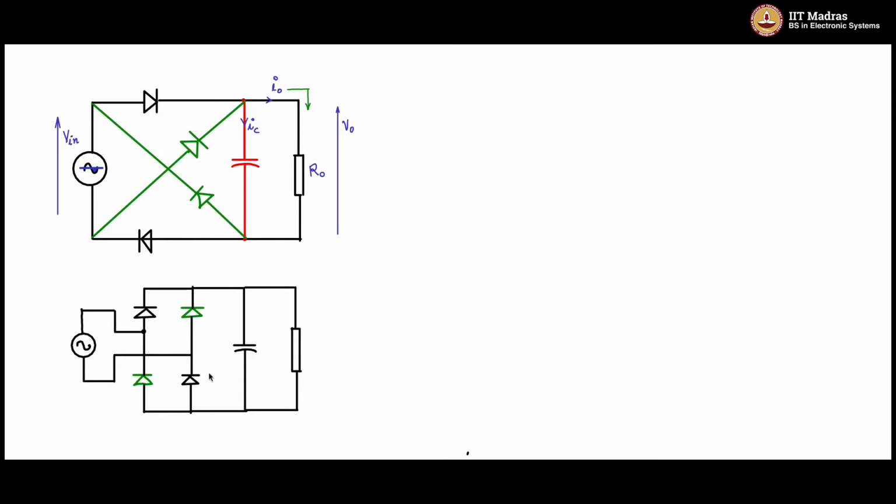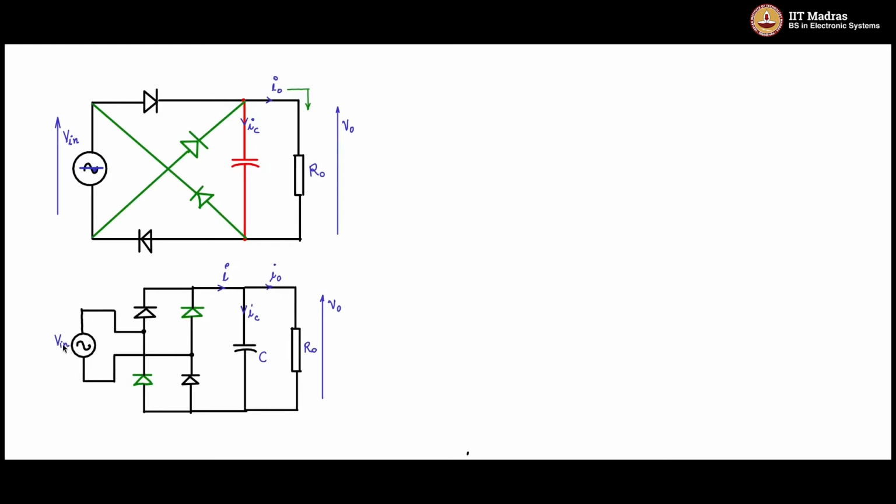All right, this is called a bridge circuit. So this is V in. I'll name this C, R naught. This is V naught. This is I. This is IC, and this is I naught.